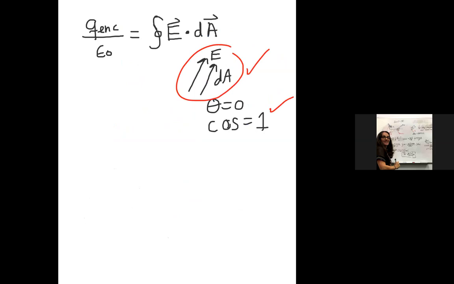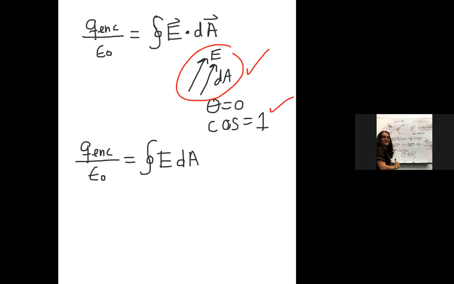So I do my vector first. So I have charge enclosed in my Gaussian over epsilon naught is equal to the integral of E dA. I took care of the vector, dot product gone, and now I've just got magnitudes. Is the electric field going to be constant?